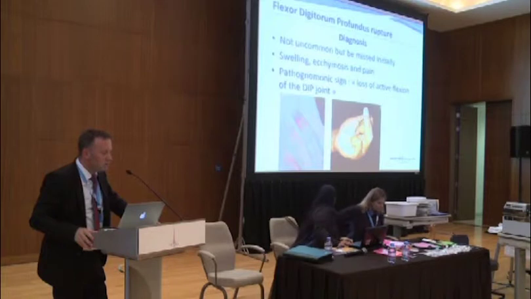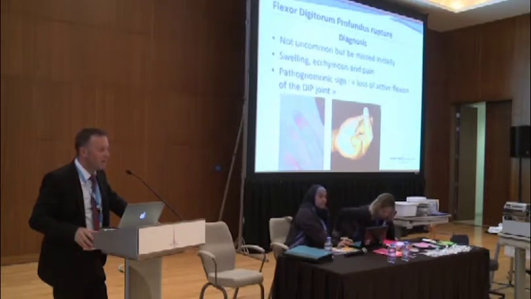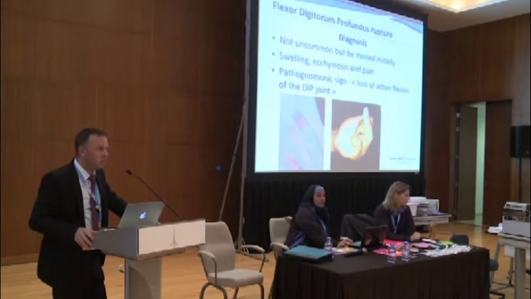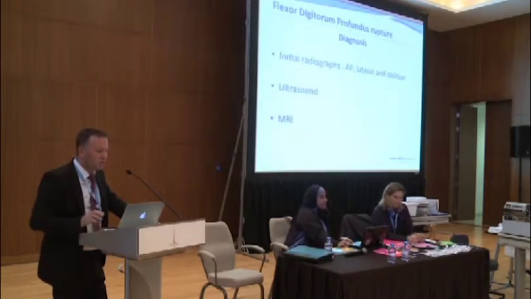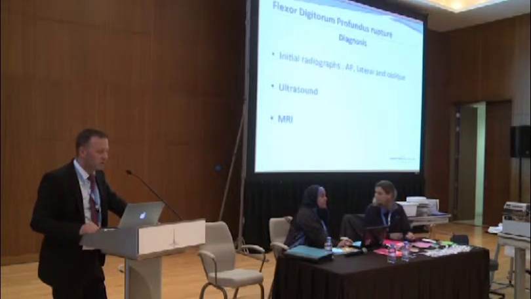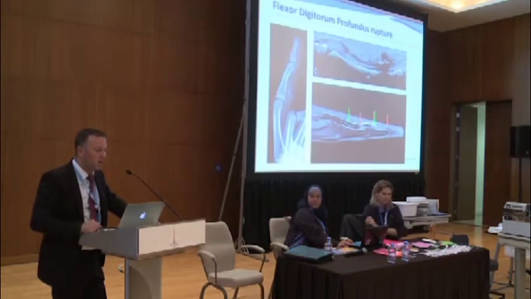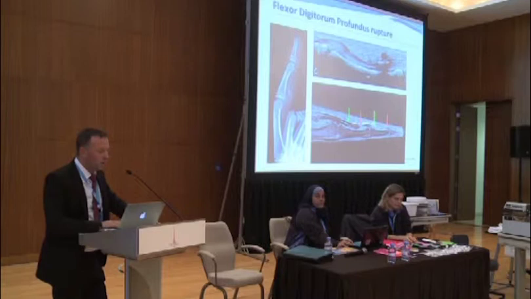When you see a patient with swelling, ecchymosis, pain, and unable to actively flex the DIP joint, first do an X-ray to be sure that there is no fracture. Then, if the X-rays show no fracture, do an ultrasound or an MRI. You can see here the small piece of fracture on this young guy.